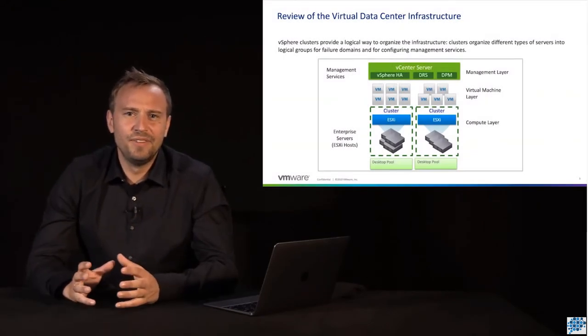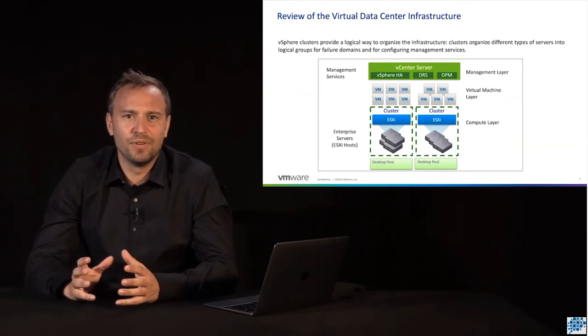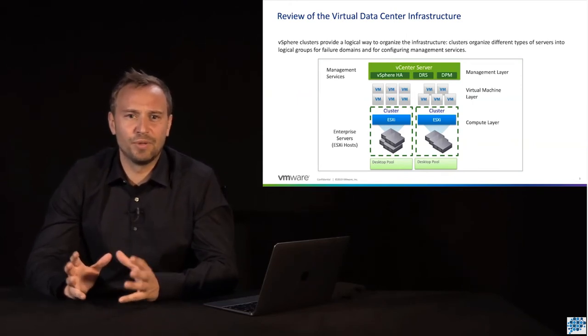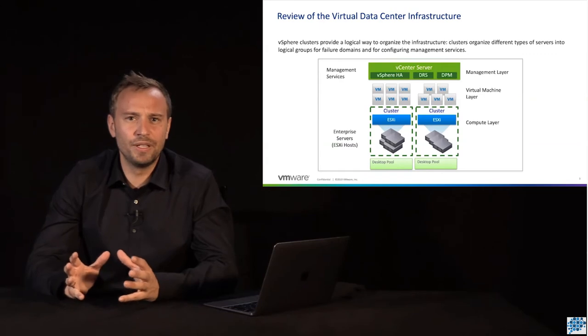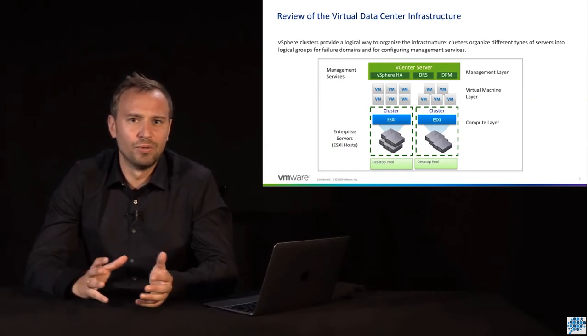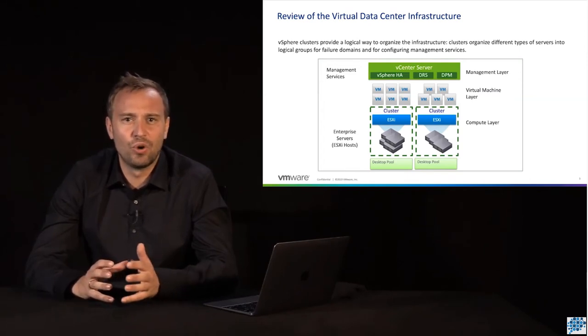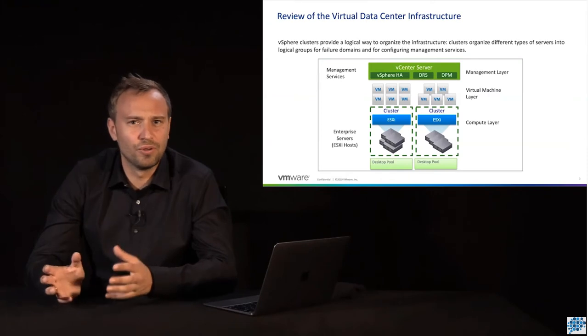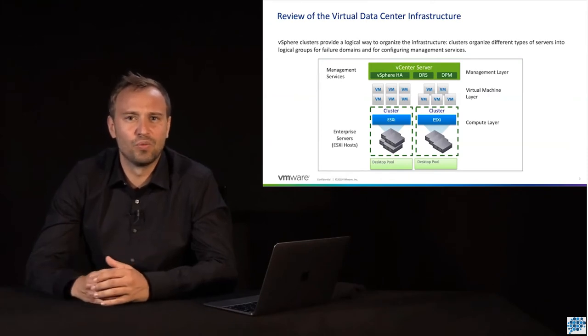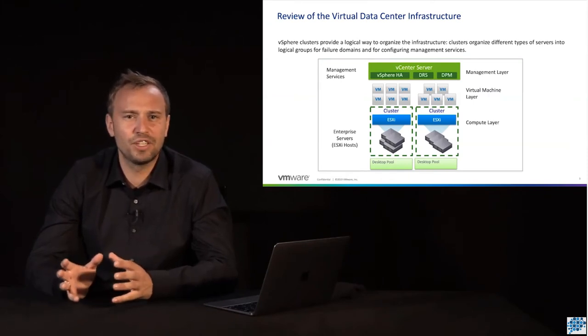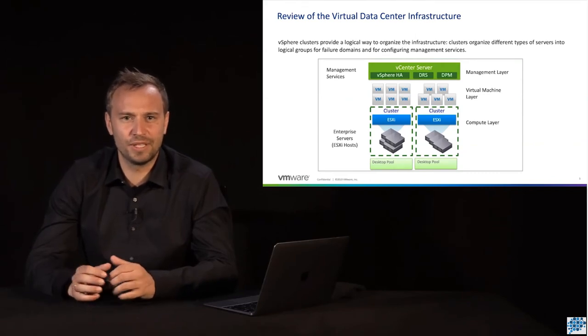When we design the vSphere environment to support our Horizon environment, we need to differentiate. Do we size it for our resource block, so for our desktop workload and published application workload, or do we design it for the management block workload, which means all the management components in our environment?